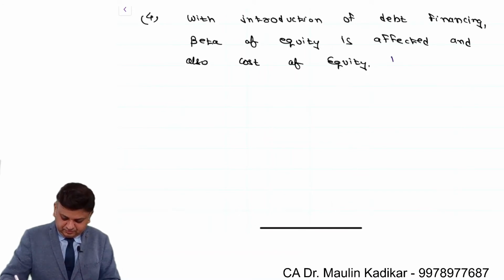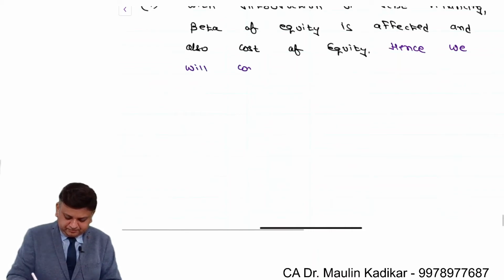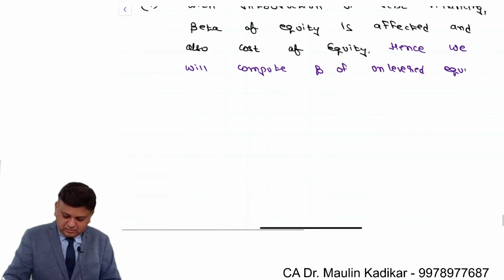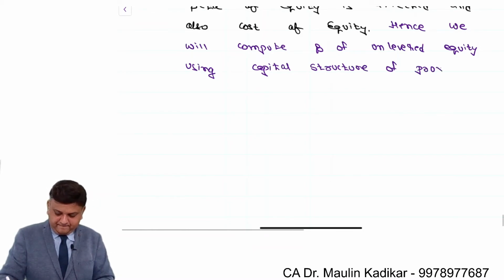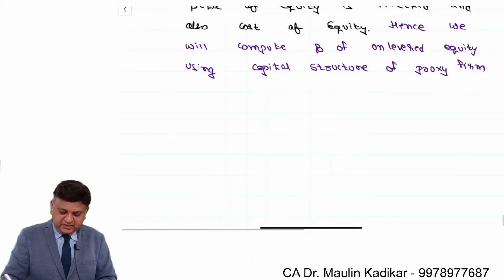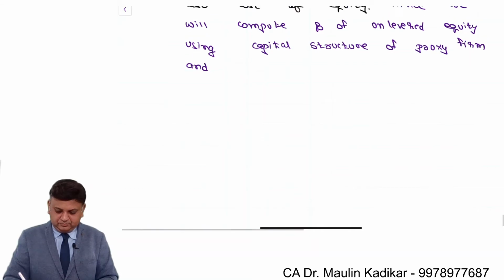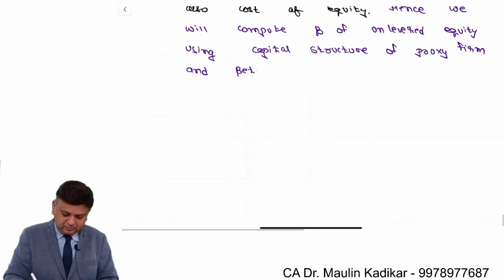Hence, we will compute beta of unlevered equity using the capital structure of the proxy firm and the beta of the proxy firm.